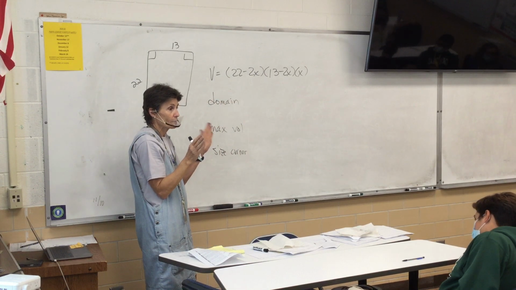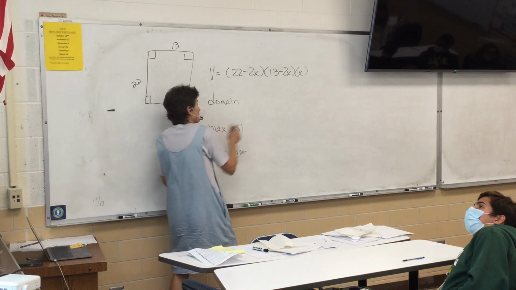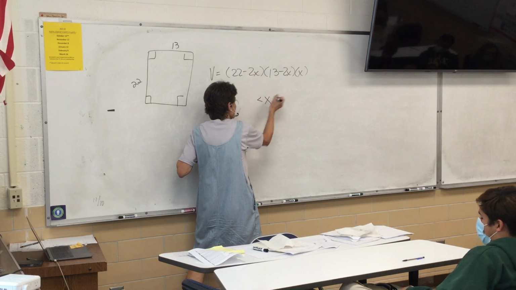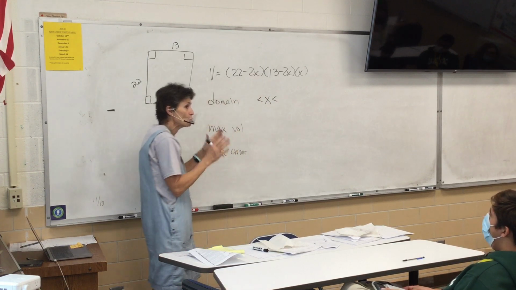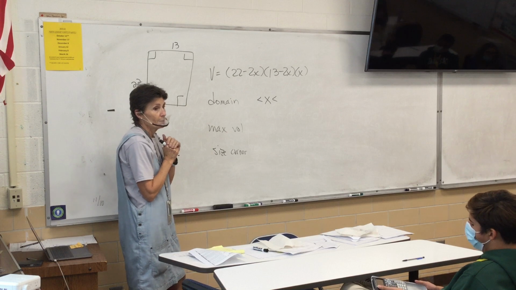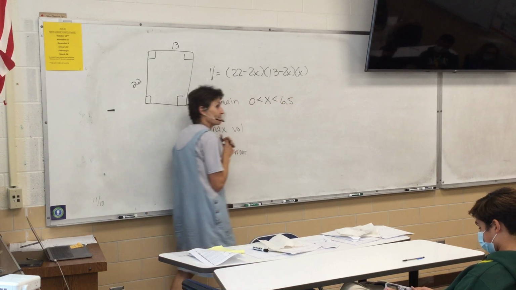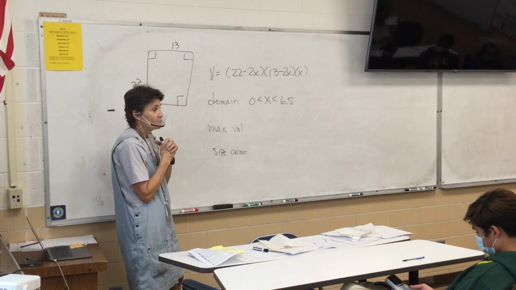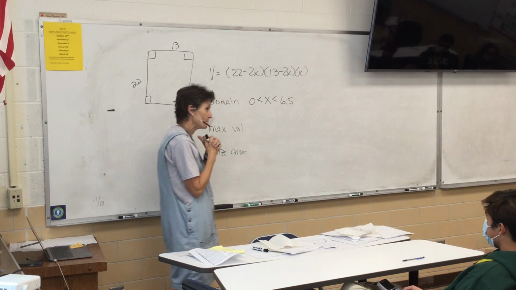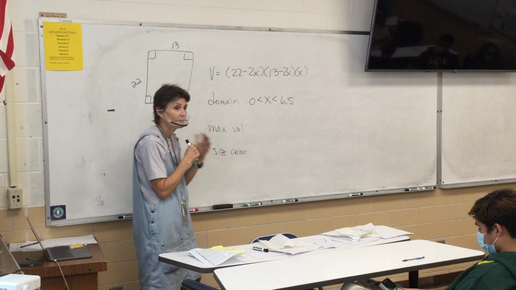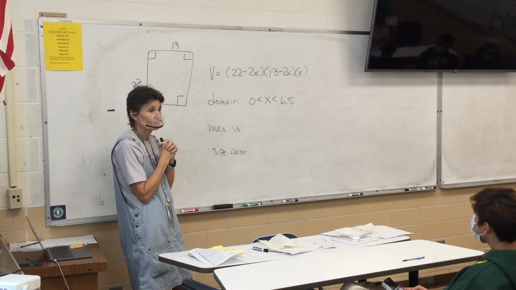Right? Now, domain. You're going to put in x, and you're going to put it between 2 numbers: 0 and half of 13. Does everybody buy into that? You're going to have a calculator. If you can't do half of 13, type it in: 13 divided by 2. Okay.